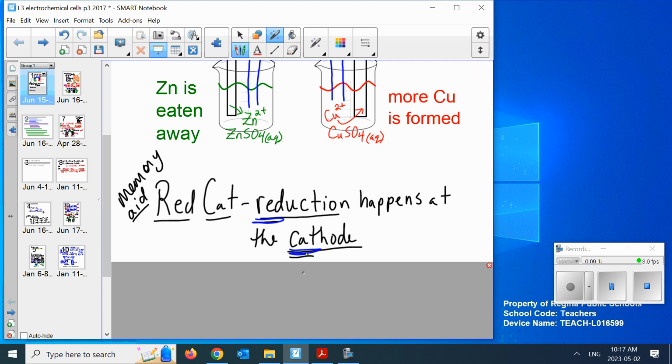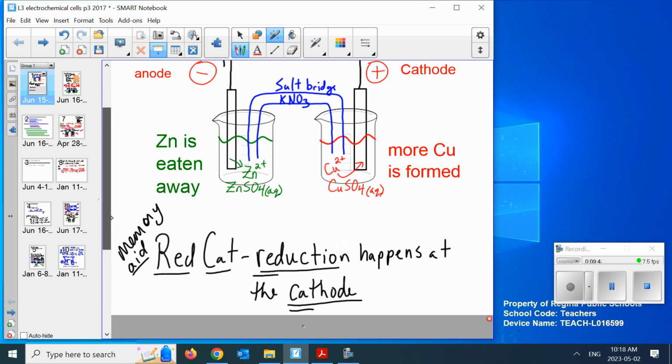It's a memory aid. It's not chemistry, but it helps you remember. They'll be asking you to decide which is which. And for oil rig, I know reduction is gaining electrons. Reduction happens at the cathode.